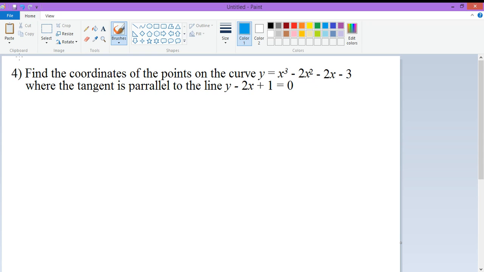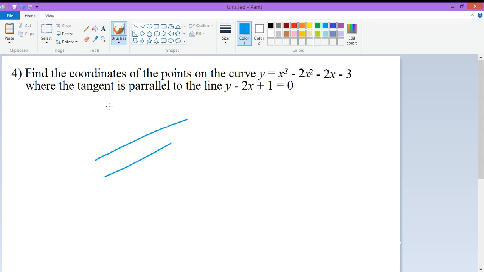Now, when two lines are parallel, like what I've just sketched, the gradients are the same. Parallel lines have the same gradient.